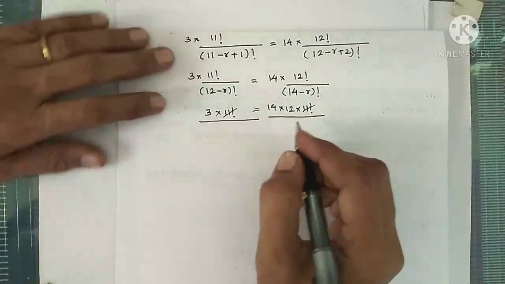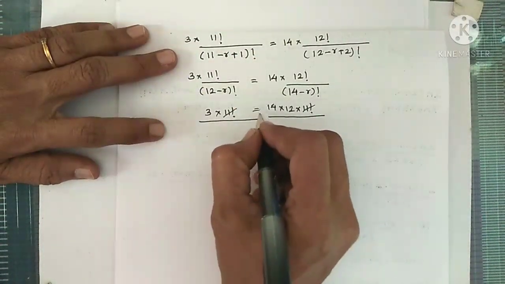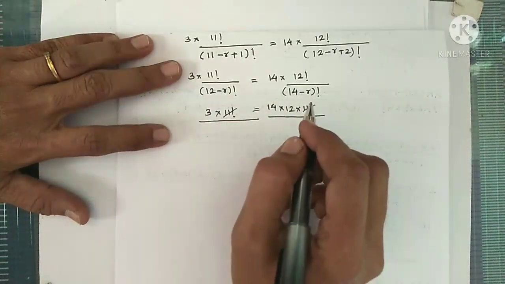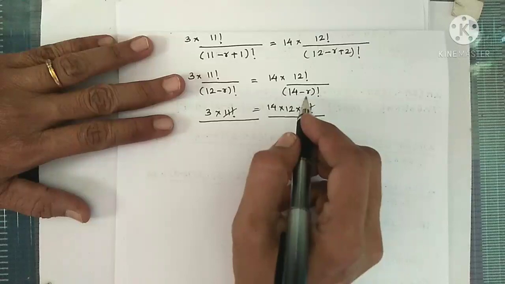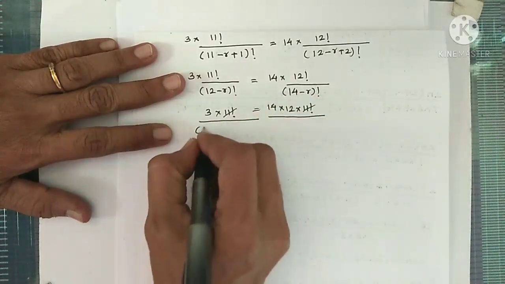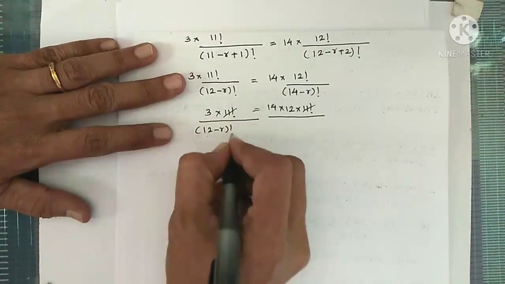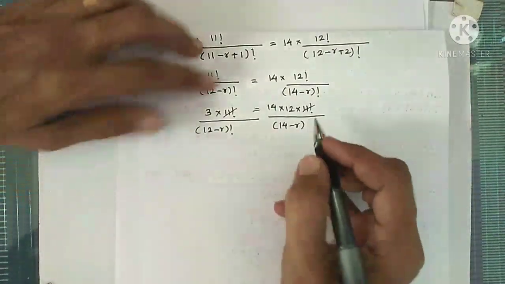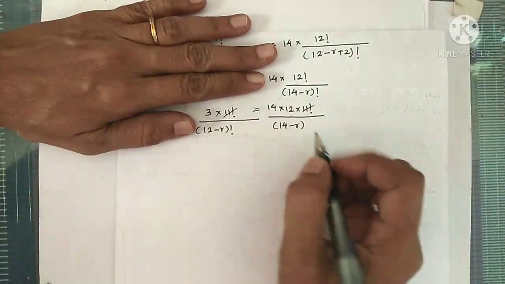Now in the denominator we have (12 minus r) factorial and (14 minus r) factorial. So 14 minus r is bigger than 12 minus r. So let's write (14 minus r) factorial as (14 minus r) times; subtracting 1 we get 13 minus r.